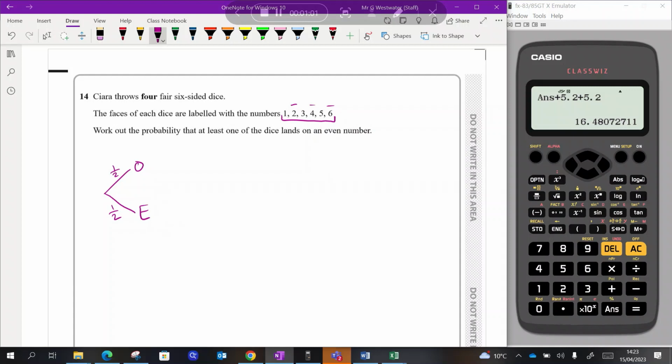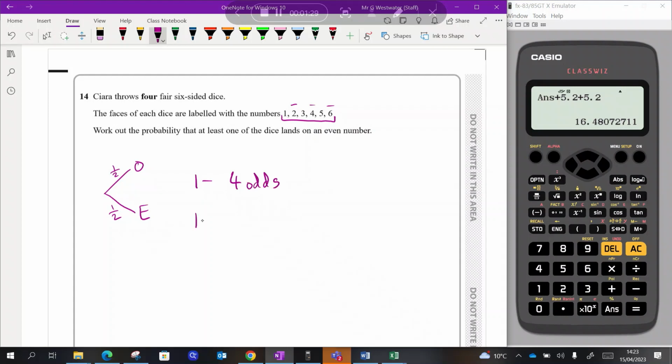Now I could work out all of these various combinations, but actually a much easier way of doing this is to say, well, the probability that at least one is even, well, the opposite of that happening is if it's odd every single time. So that's odd, then odd, then odd, then odd. So the correct probability would be 1 minus the probability of 4 odds in a row.